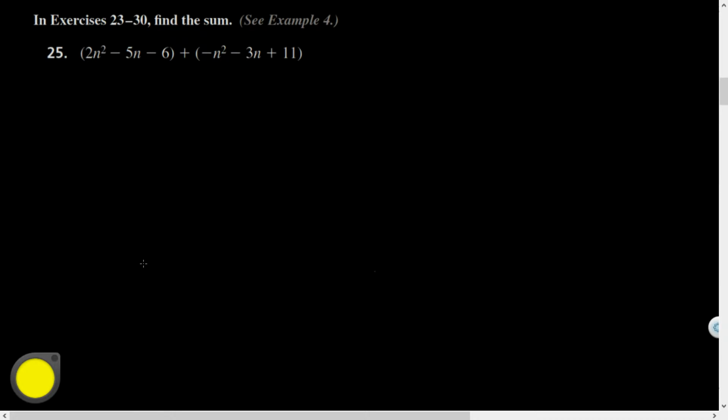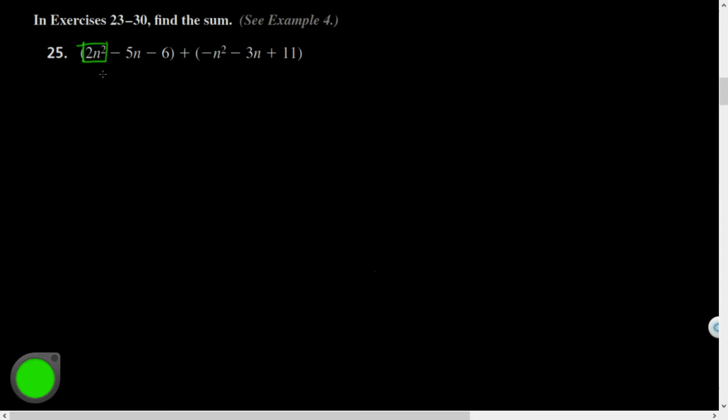Find the sum. So combining like terms have the same variables and the same exponents. They have to match perfectly. And to combine them, I add or subtract, respectively, their coefficients. And coefficients were the numbers in front of the term. So the like terms here, I'm going to use my colors. So 2n squared.